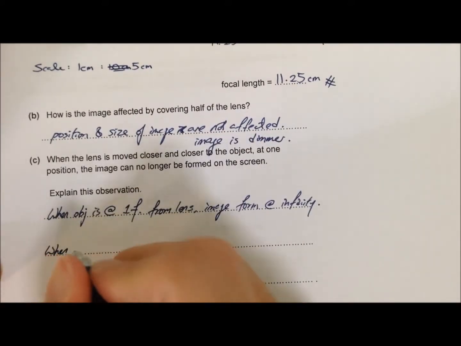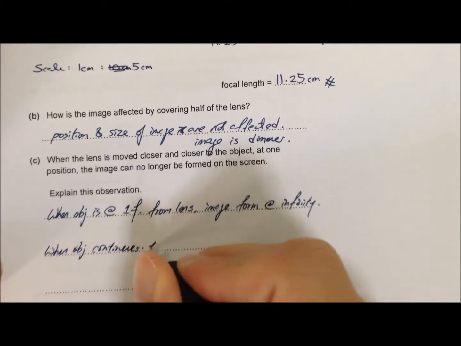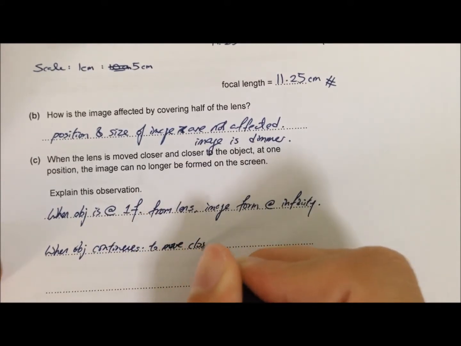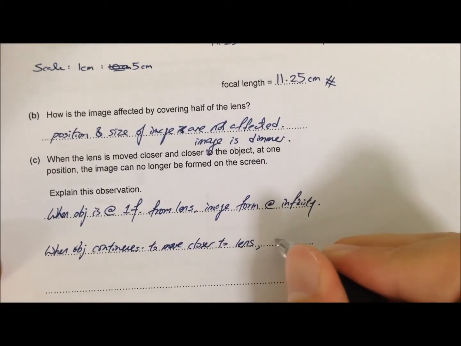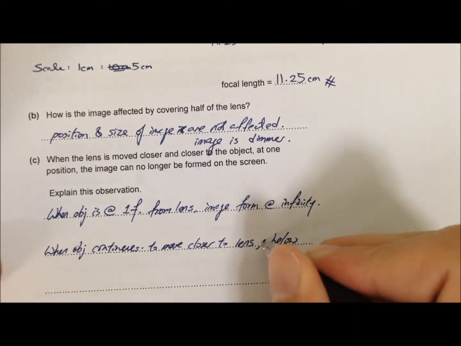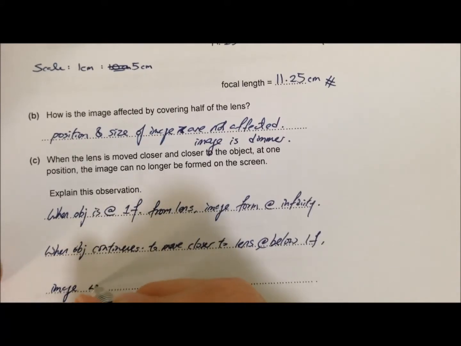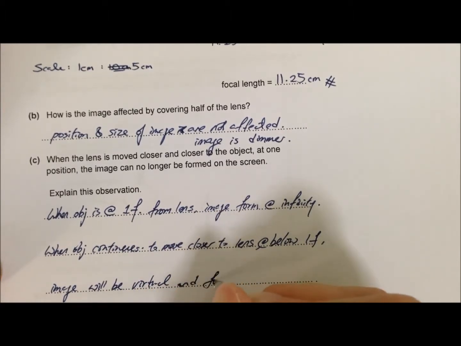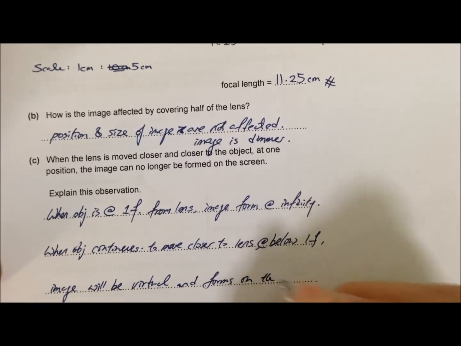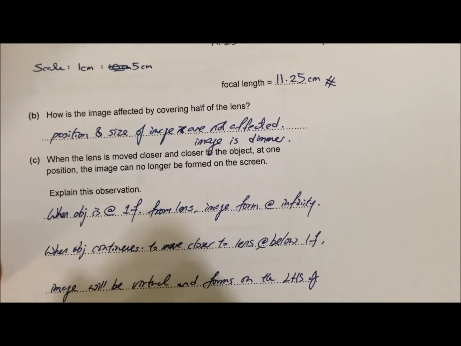And when the object continues to move closer to the lens, below 1f, the image will be virtual and forms on the left hand side of the lens.